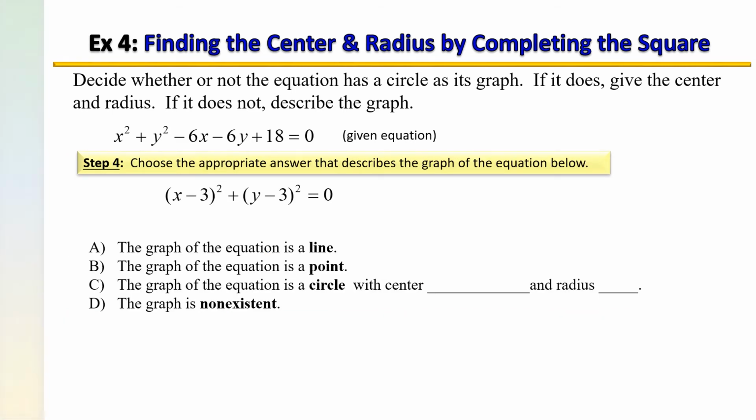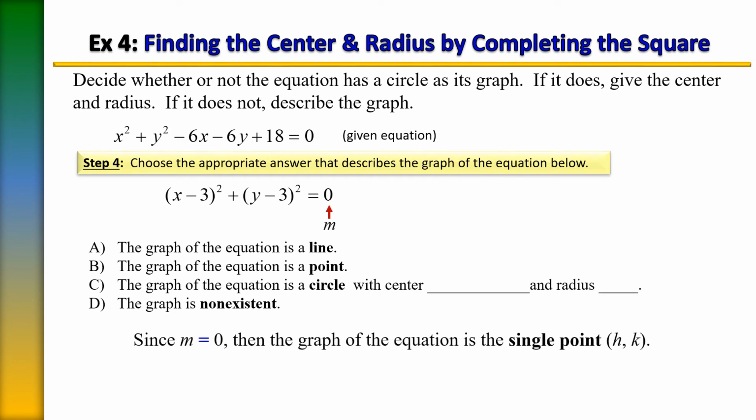Okay, so recall once we get our equation in its form, we are then going to look to the right at the constant. Recall if that number is positive, then it is an equation of a circle. If it is, as in this case, 0, then that means it is simply just a point or an ordered pair. And if it were negative, it would be a graph that is non-existent.